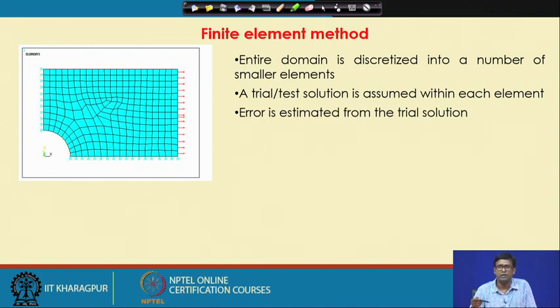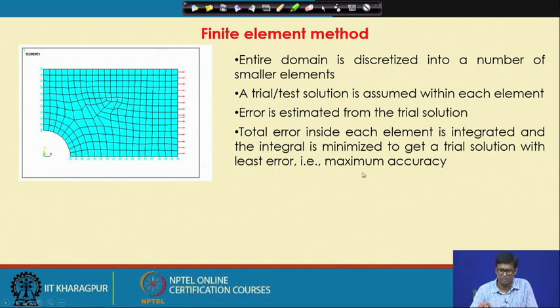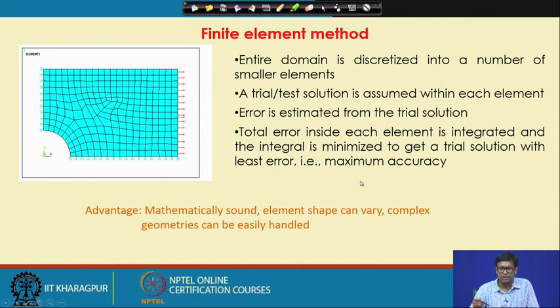You get a trial solution which is not the actual solution, put it back into the original equation and see what the error is, and then we minimize the error. Total error inside each element is integrated, and the integral is minimized to get a trial solution which will have least error or maximum accuracy. This is mathematically sound.